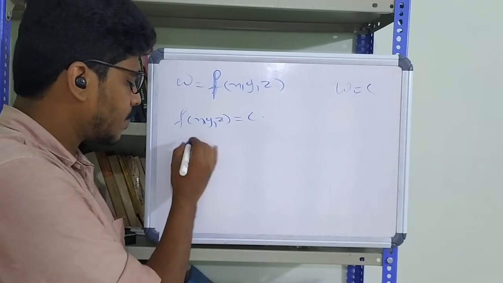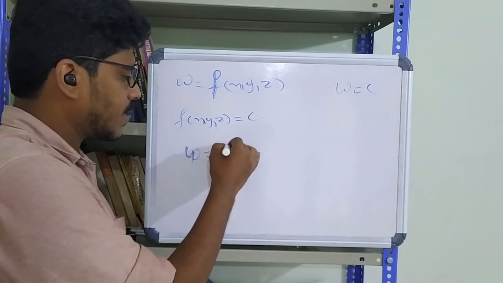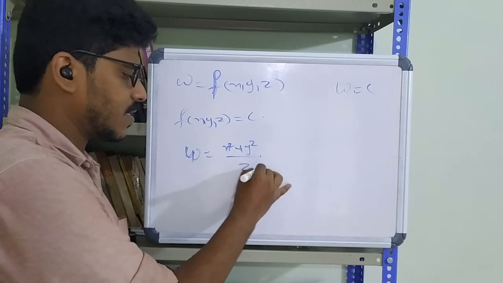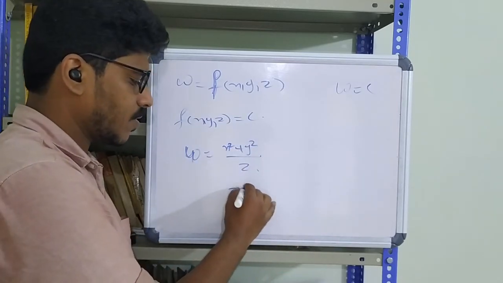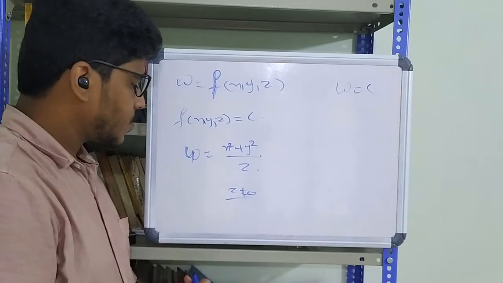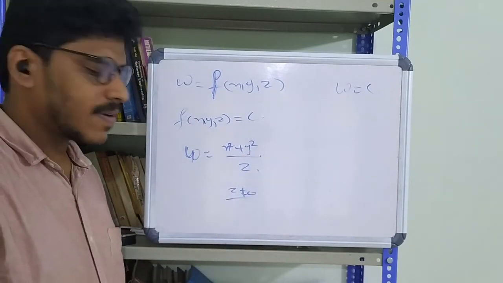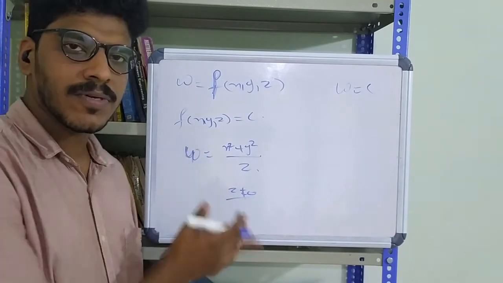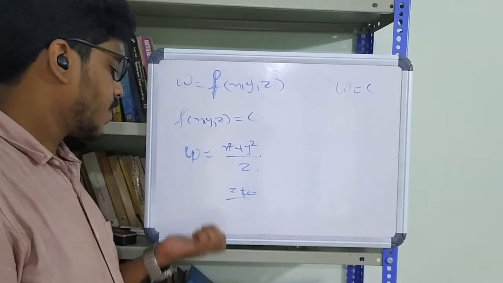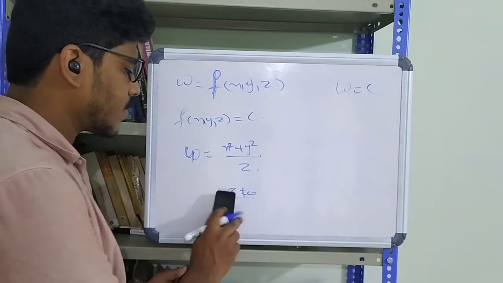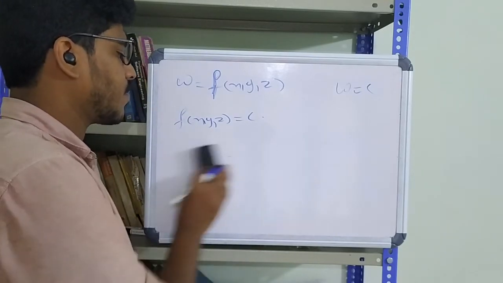Suppose we have a function w equal to say x square plus y square by z, maybe z not equal to 0 for this case. Then you can obtain the level curves by simply substituting w equal to a constant value. Okay, so this is just a heuristic example. You need not depend much on this.